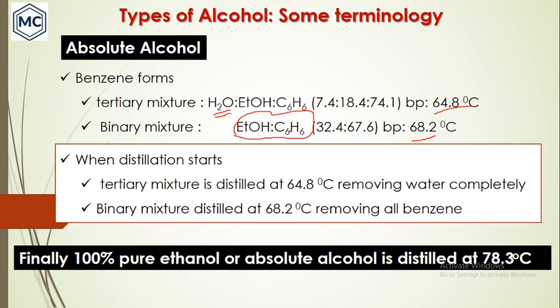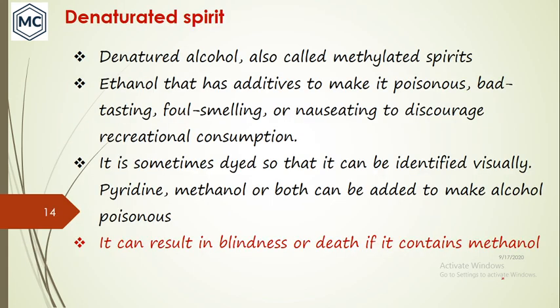So here you can remove the benzene. When distillation starts, you can remove water completely at this temperature, and at this temperature you can remove benzene. And what is remaining? Ethanol. Finally, 100% pure ethanol or absolute alcohol is distilled at ethanol's boiling point, 78.3 degrees Celsius.